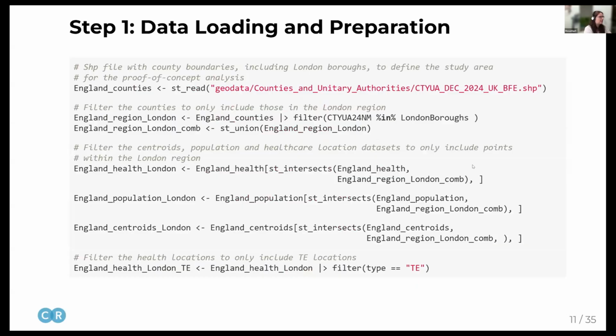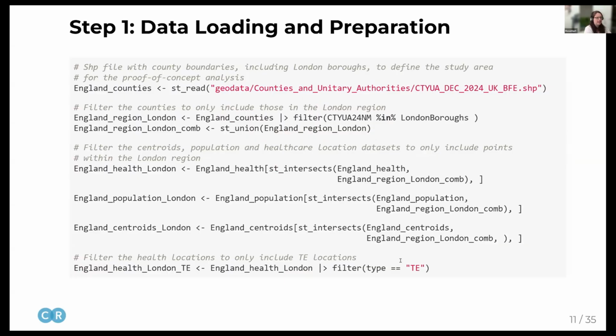For filtering for London, we filtered by the London boroughs to create a single London area, and then filtered each of those health, population, and centroids using st_intersects to be within the London area.